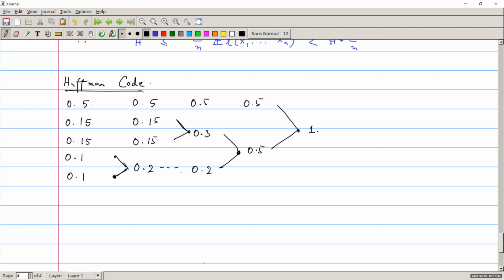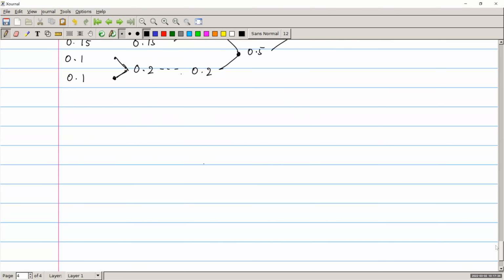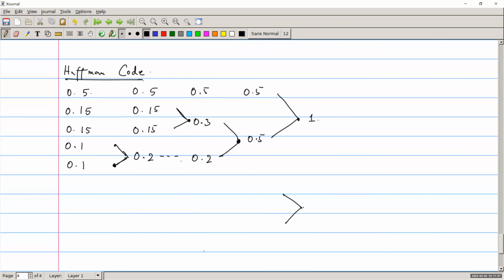So the tree construction for this would be like so: you start here. This node 0.5 corresponds to this symbol. Now the bottom node splits into these two, so this is the 0.2 and this is 0.3.